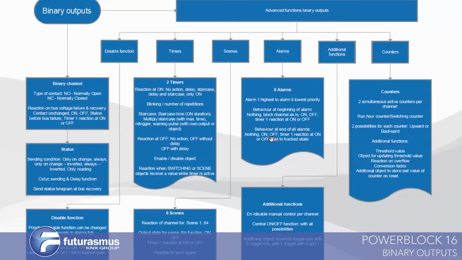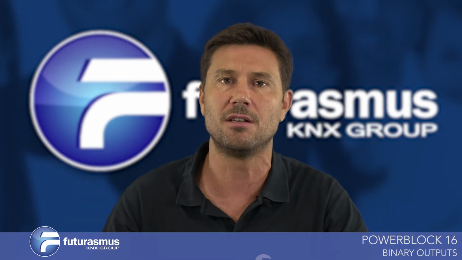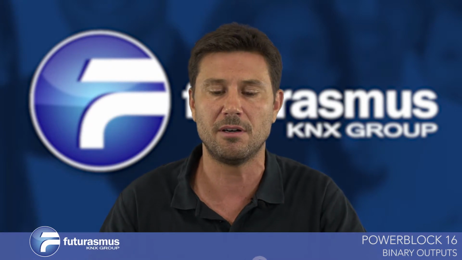Also, you can set an acknowledge function in these alarms. So if you set the acknowledge function, if alarm goes away, the alarm still will be as if it was there because you haven't acknowledged this alarm. So you need to acknowledge the alarm for the alarm to really go away. That can be also very, very important because maybe you're using the output to switch off a water supply.